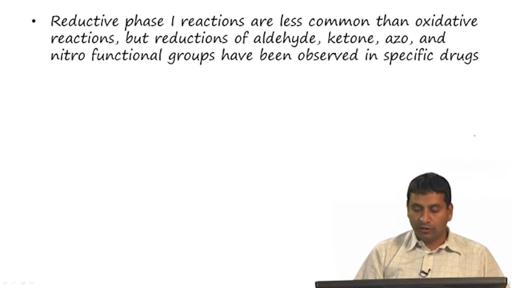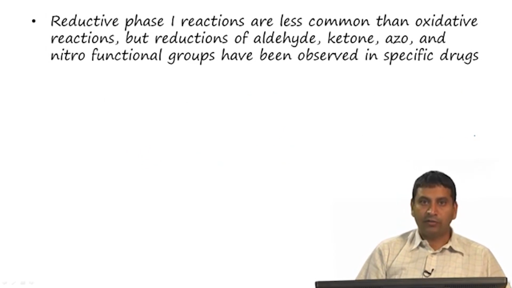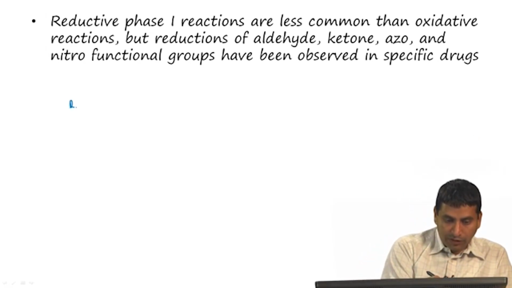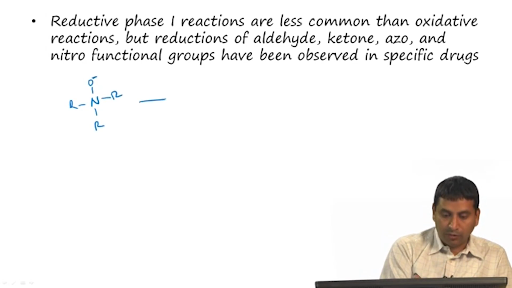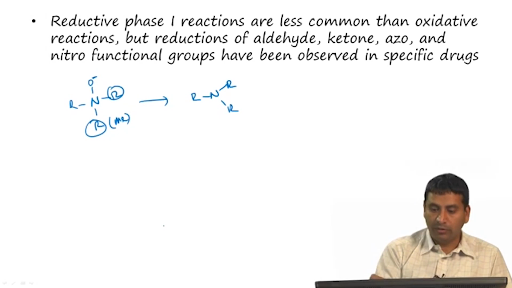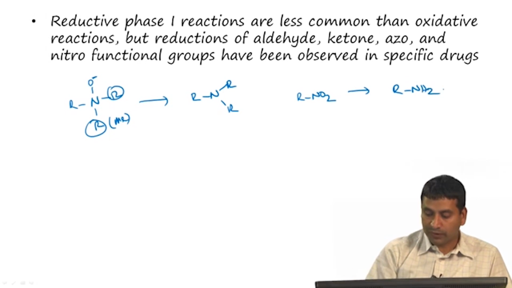As I mentioned earlier, you can also have nitrogen based compounds undergoing reduction. So, you can have N oxides, which we looked at previously, going to R N R R, and these are typically methyl groups that are quite common. You also have nitro groups which can go all the way to RNH2. Okay.